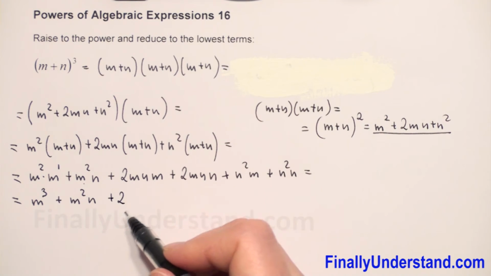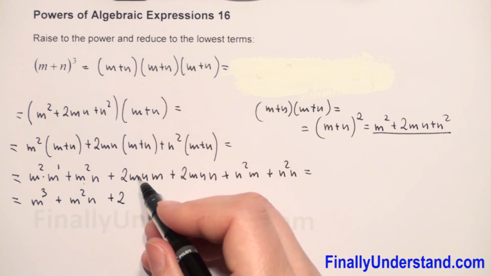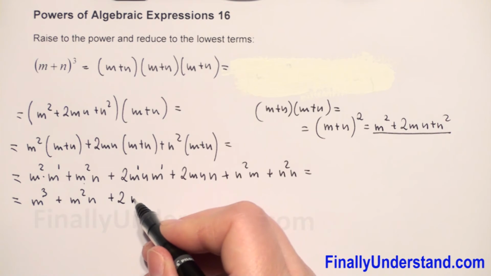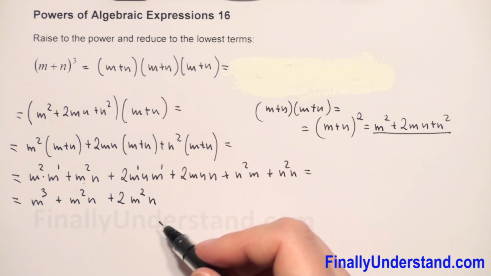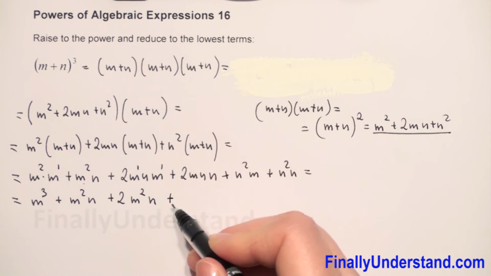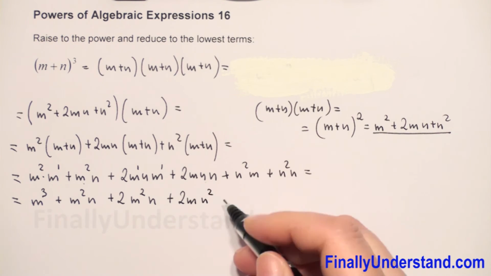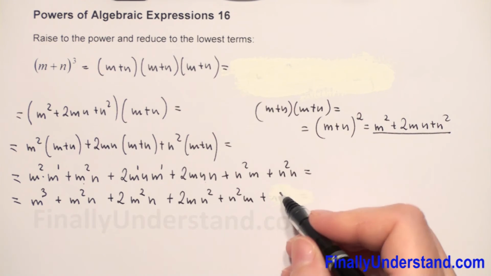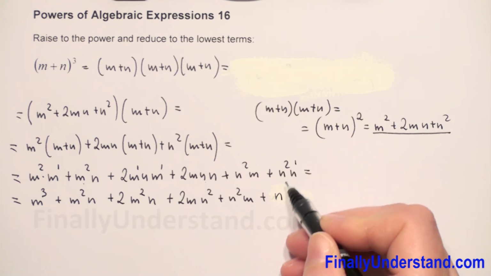First, we write the coefficient 2, and next when we have the same base, m times m, exponent invisible 1, so 1 plus 1 is 2, so we have m to second power, and n we rewrite, and we have plus 2m, n times n is n squared, and we have plus n squared m plus, and we have n squared times n, so the same base, we copy the base and we add exponents. Exponents invisible 1, 2 plus 1 is 3.